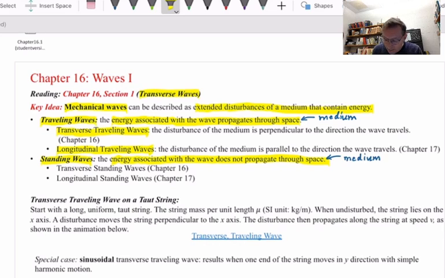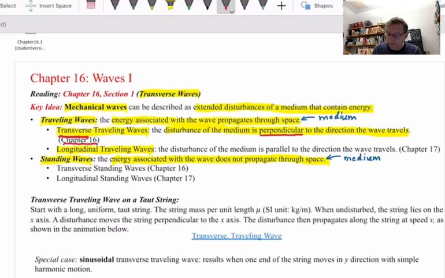Transverse traveling wave sounds technical. Here's what it means. The disturbance of the medium is perpendicular to the direction in which the wave travels, the key word being perpendicular. A transverse traveling wave will be studied in chapter 16.